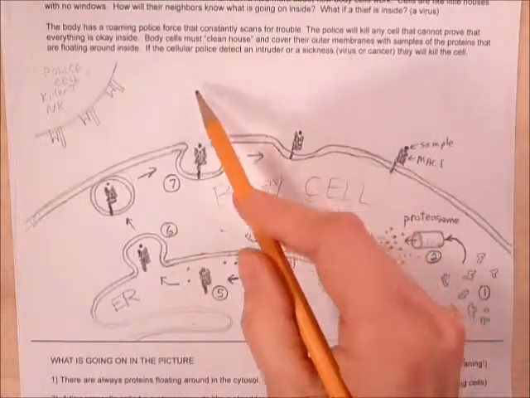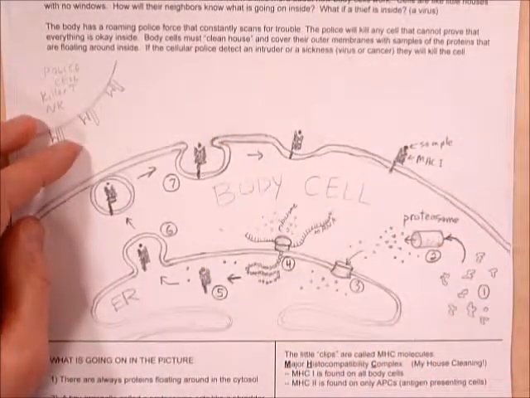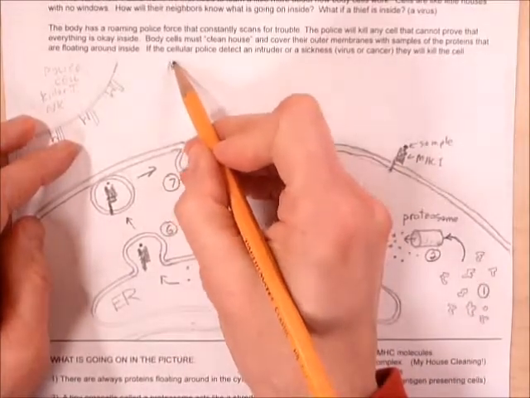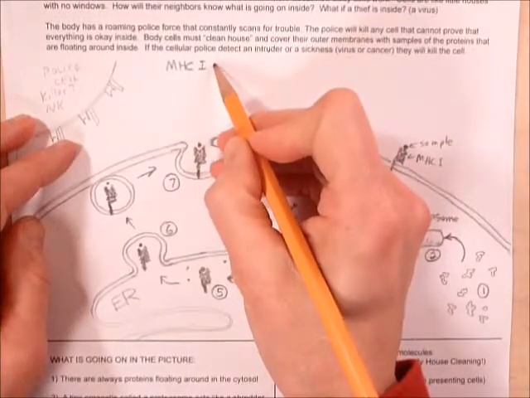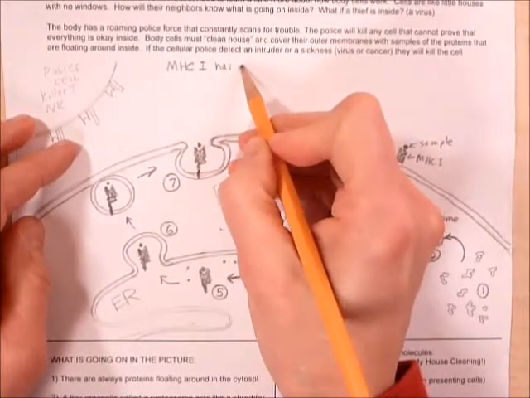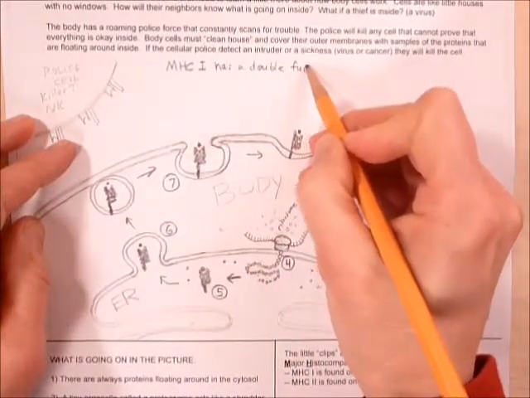So let's add a little note right here at the top. We have a little bit of space. Now I'm going to talk about the word MHC in just a minute, but for right now, don't worry about it. MHC1, this little thing, has a double function.